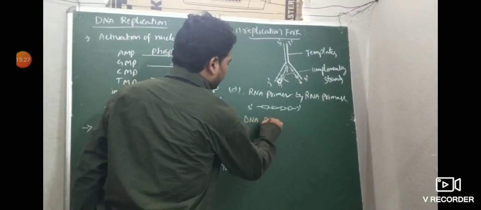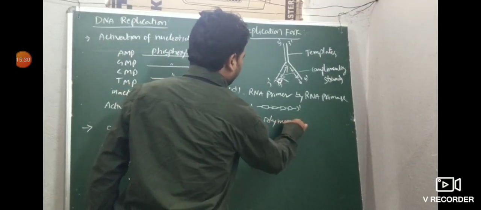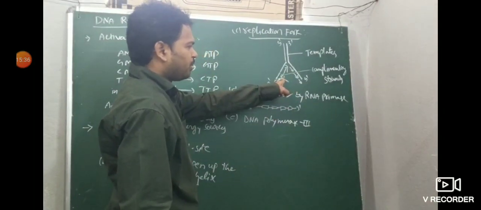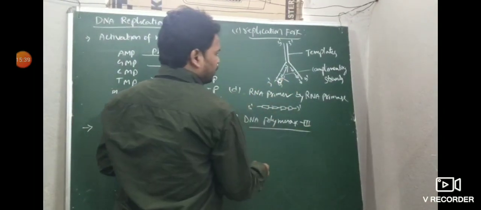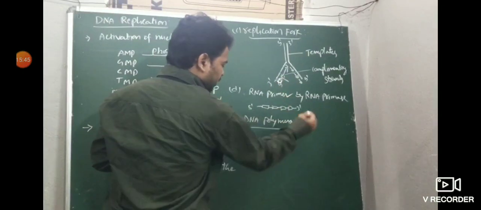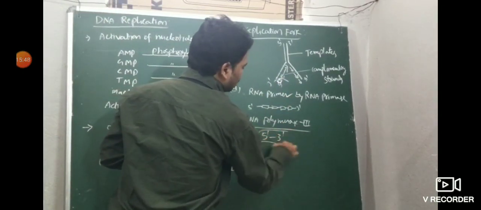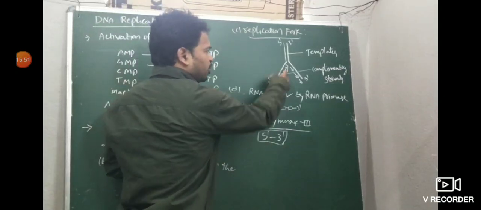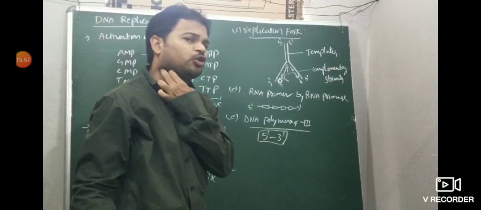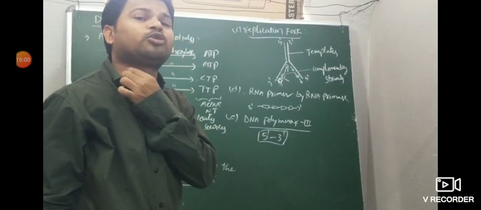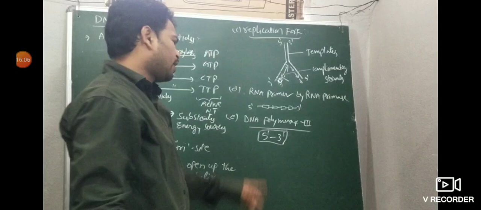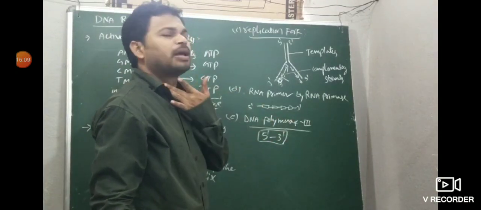The DNA polymerase 3 enzyme is helpful to join the new nucleotides at the 3 prime end of the RNA primer. Then it synthesizes or extends the strand in the 5 prime to 3 prime direction. The new complementary strand is always synthesized in the 5 prime to 3 prime direction, catalyzed by the DNA polymerase 3 enzyme.